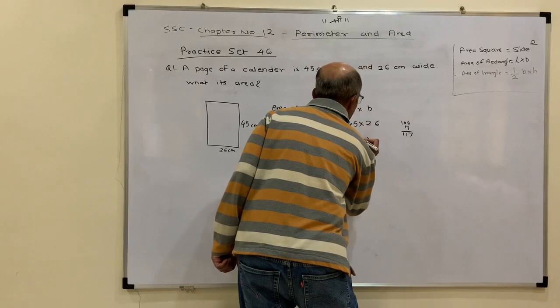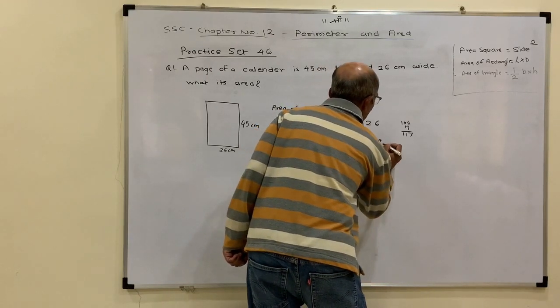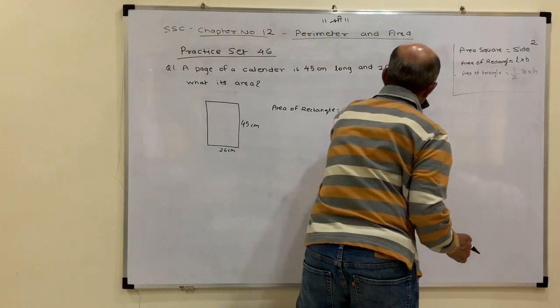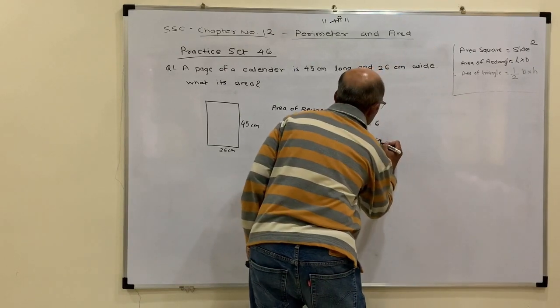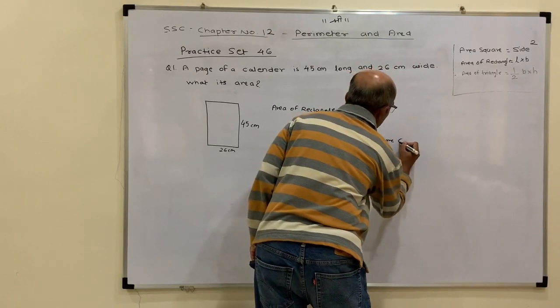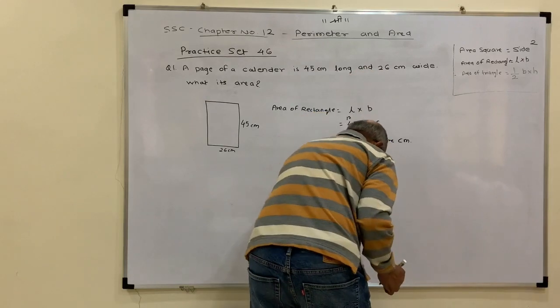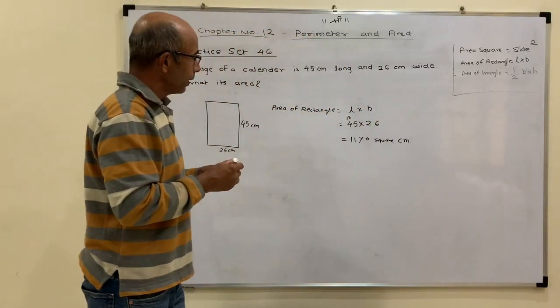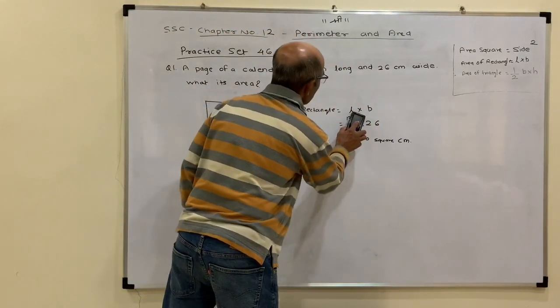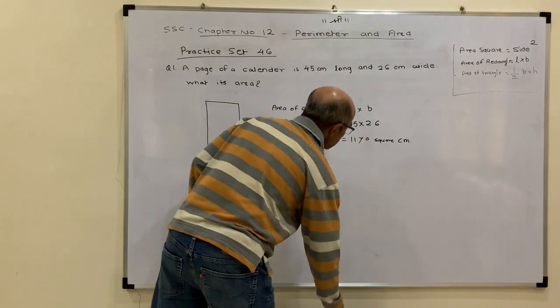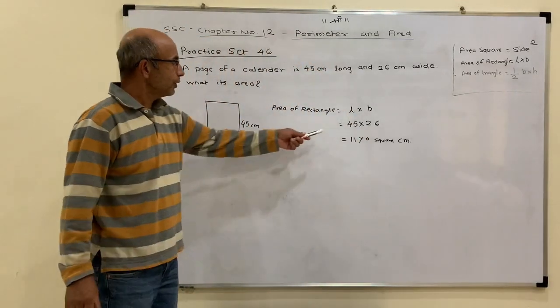So 1170 square centimeter. So the area of the page will be 1170 square centimeter. You have to do this calculation.